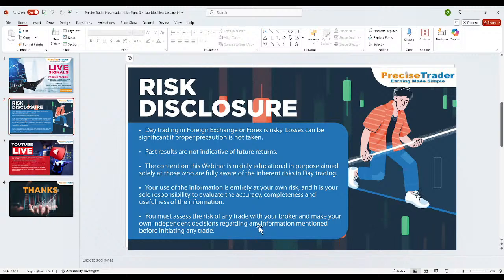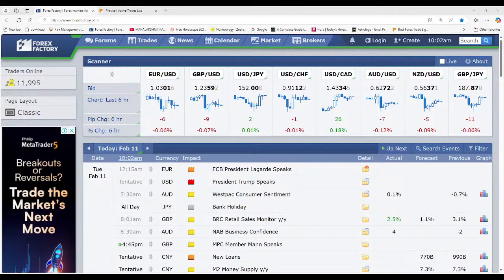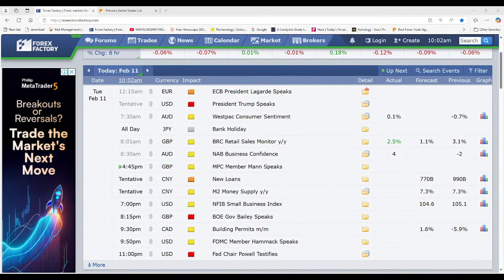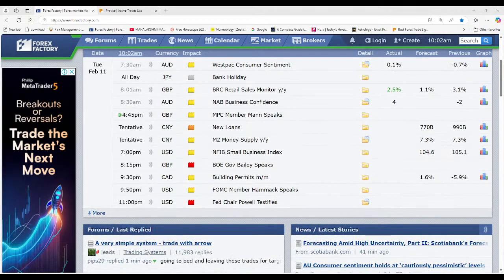So, with that, I think we move on to our live analysis. The key data that is going to be out today: I'm not sure whether President Trump is speaking, I think he's already spoken or is yet to speak. And we have a BOE governor speaking at 2015, then also followed by Fed chairman Powell testifying.